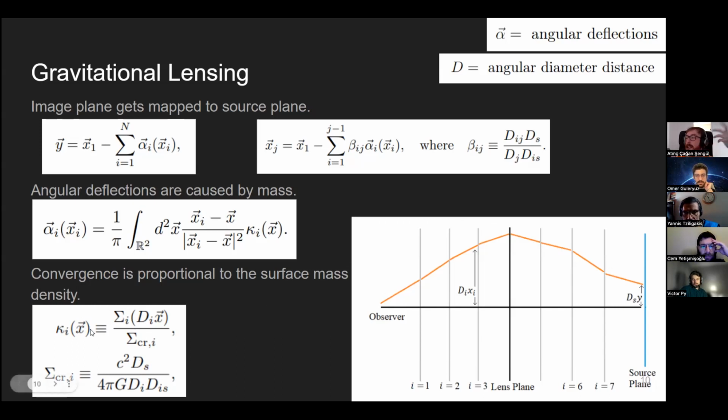Essentially, when I say convergence, what you should understand is surface mass density, the amount of matter in a given area in the sky. Mathematically, you can invert this equation and find that it's actually the divergence of the angular deflection field that gives you convergence. Confusing names, I apologize, but this is the field. Okay.